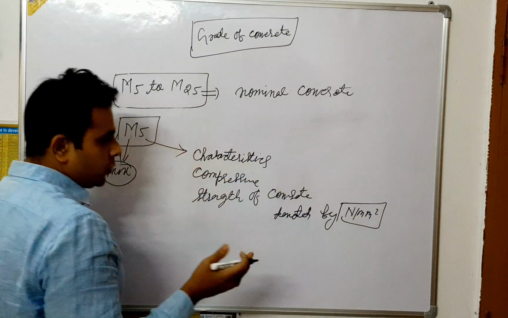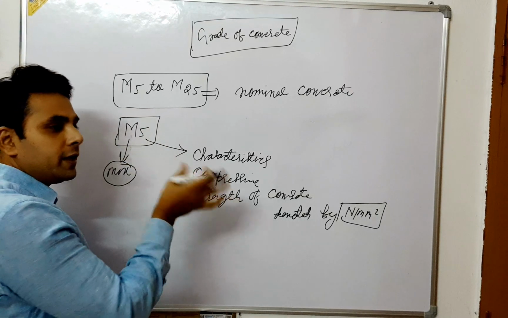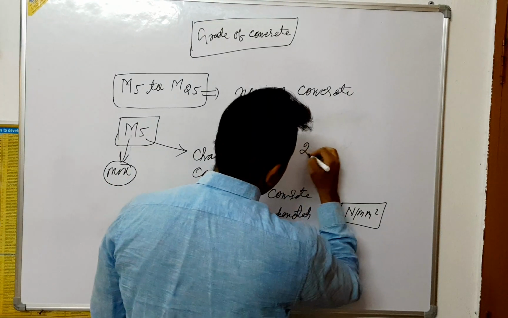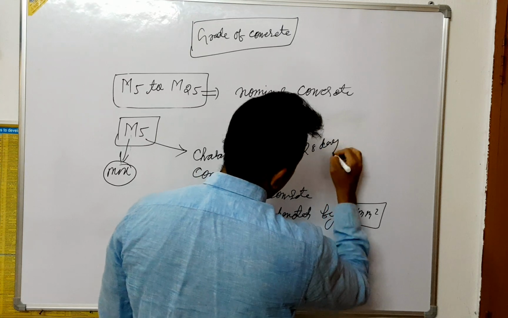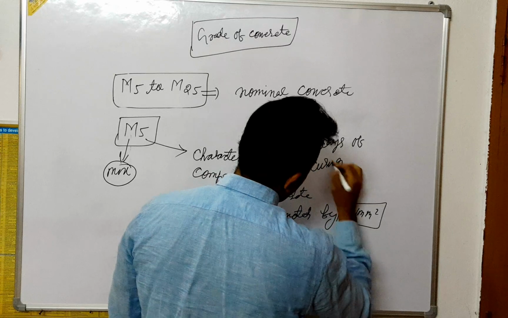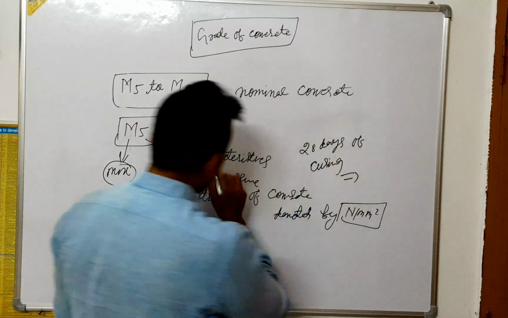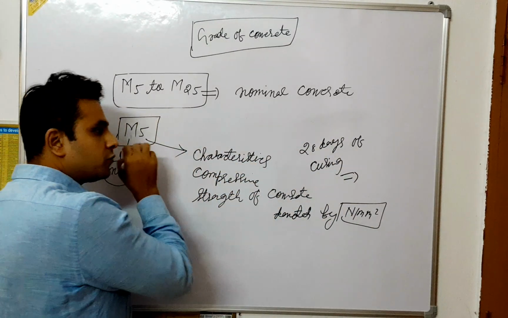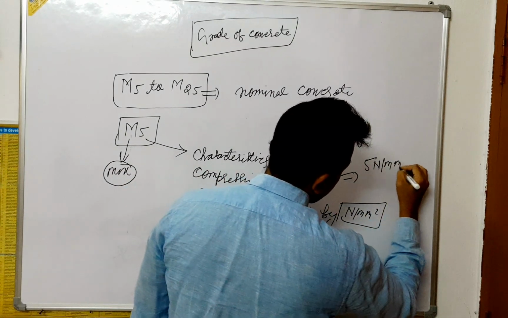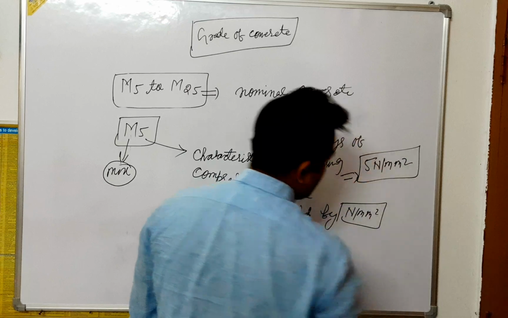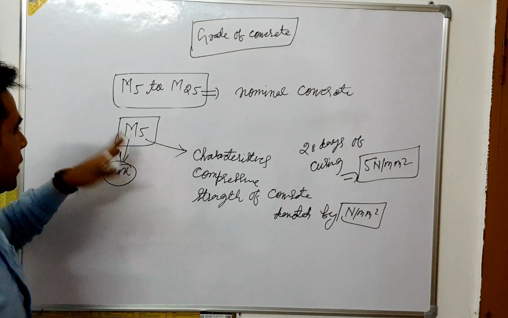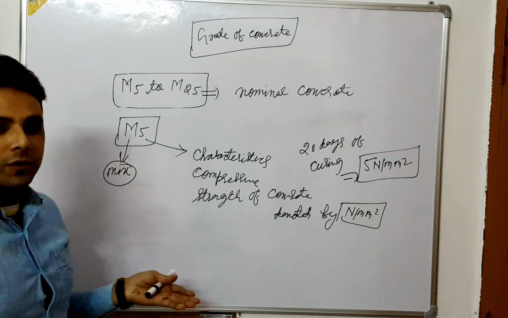So if you are going to use M5 grade of concrete in any construction, then after 28 days of curing, the characteristic compressive strength of this grade of concrete should be 5 Newton per mm square. Clear?